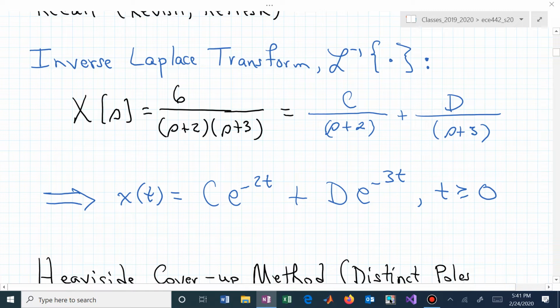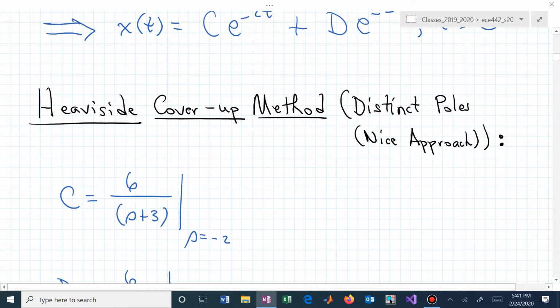You essentially cover up the s plus 2 factor on the left-hand side and evaluate what's left at the value of s that causes the s plus 2 factor to vanish. You're really multiplying everything through by the factor s plus 2 and evaluating at s equal -2. But some places or some authors refer to that as the Heaviside cover-up method.